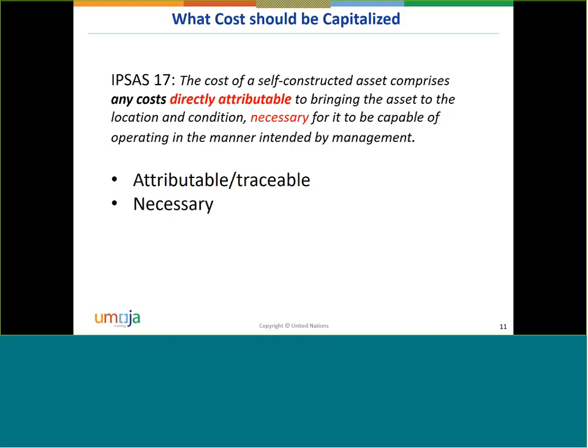And this is quite important, the cost has to be attributable, so it has to be tracked and identified to the asset that we are adding value to, and it has to be necessary. Why necessary?